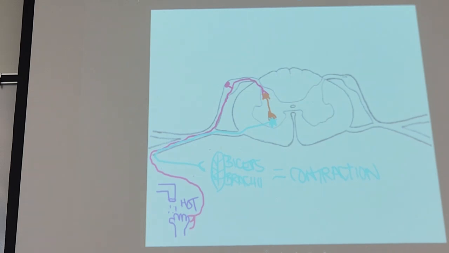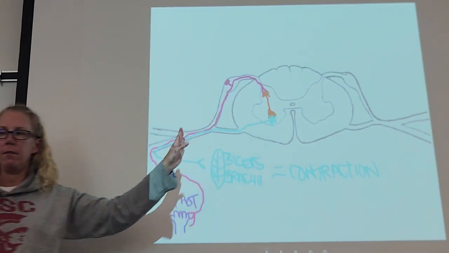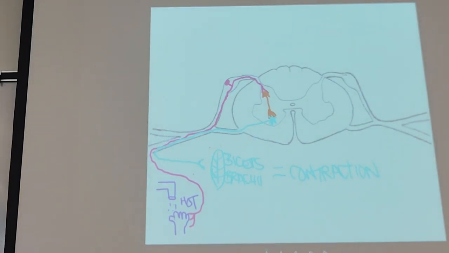So on the exam, I'm not going to have you draw a cross-section of the spinal cord, okay? I'll give you this picture, and I'll have you draw on it. So don't think you have to draw a cross-section of the spinal cord, you don't. I'll provide you the foundation, and then you just draw a pathway for me and describe it. Describe the five steps to me.